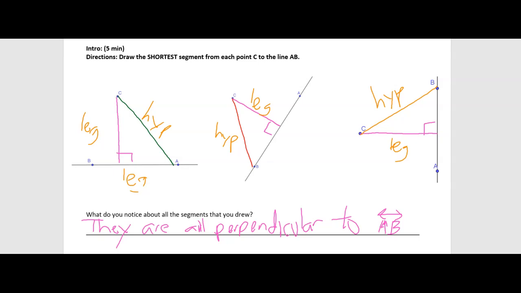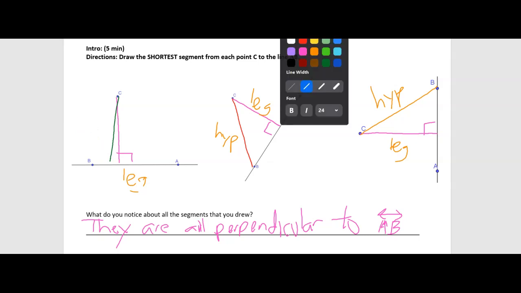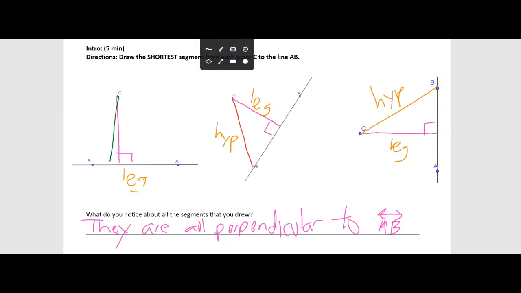If we look at the first diagram, let's say I erase the green segment. I'll make another one. It doesn't matter if I come in a little bit closer, this still becomes a hypotenuse, right? And I can go to the left side. I can go over here. Even though that's a little confusing, it still becomes the hypotenuse, and this side stays the leg.